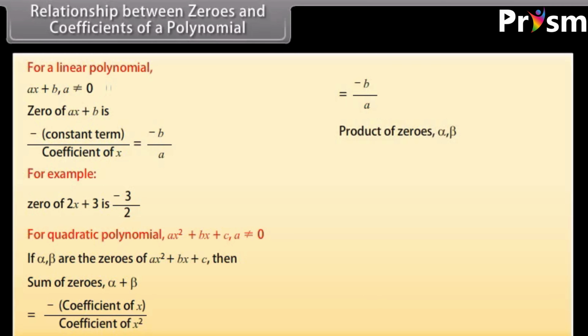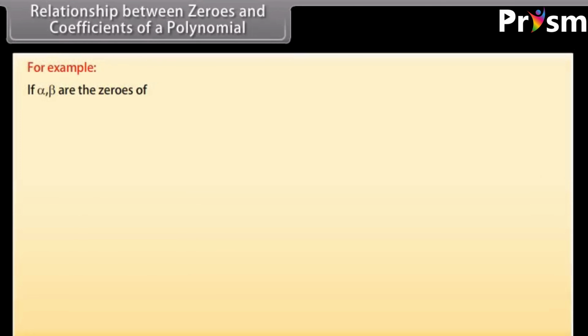Product of zeros, alpha beta is equal to constant term upon coefficient of x square, which is c upon a. For example, if alpha, beta are the zeros of 2x square plus 3x plus 2, then alpha plus beta is equal to minus 3 upon 2, alpha beta is equal to 2 upon 2, which equals 1.